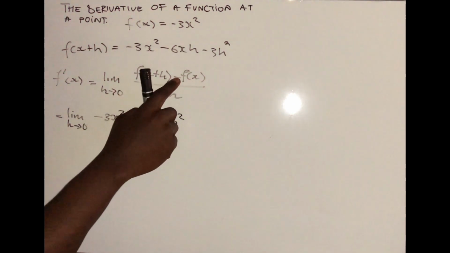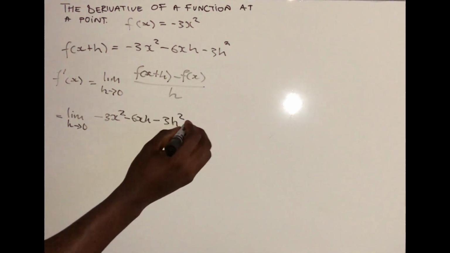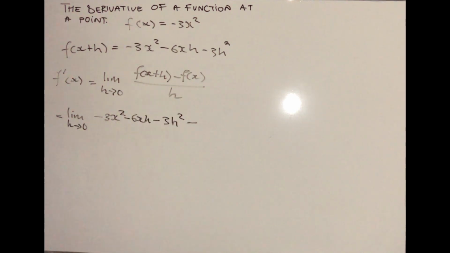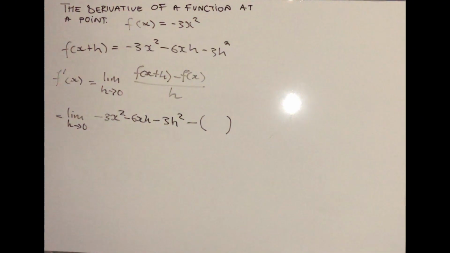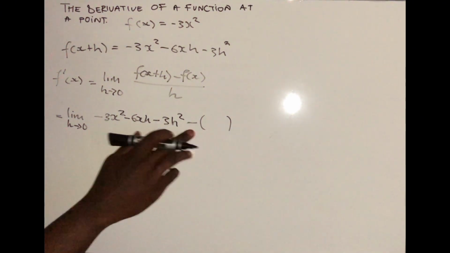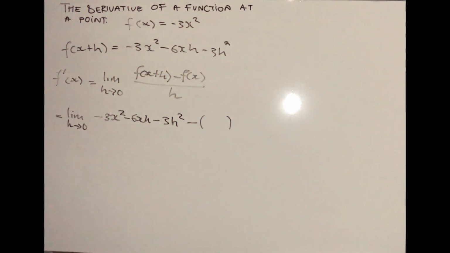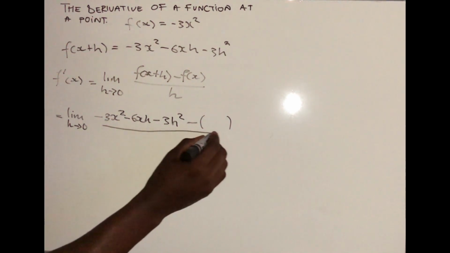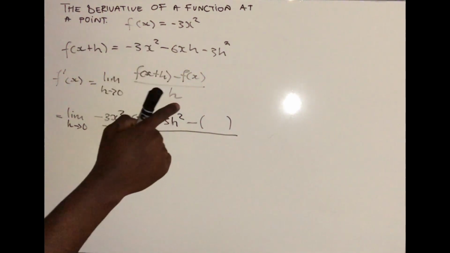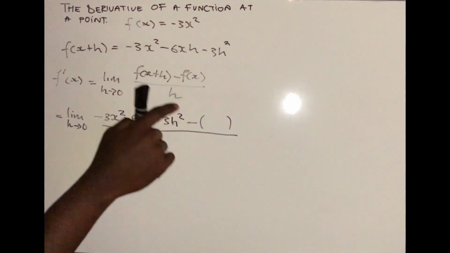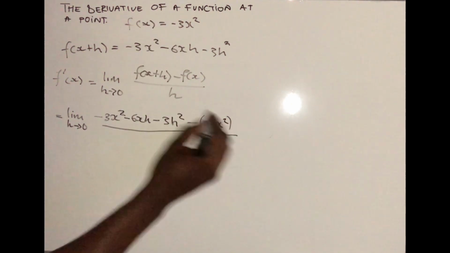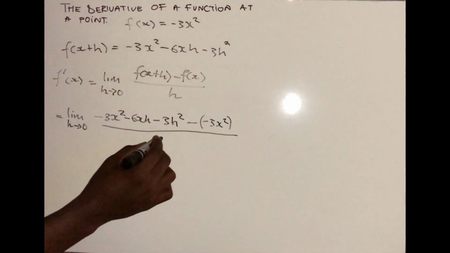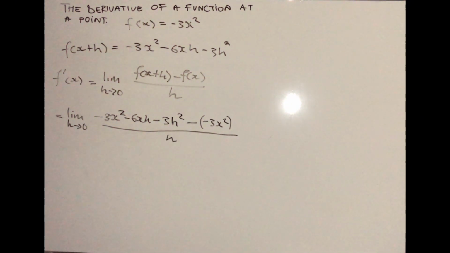And then there's a minus here. That's the minus f of x. Always put brackets here, please. Safety first, always put brackets. And then f of x is negative 3x squared, all divided by h.